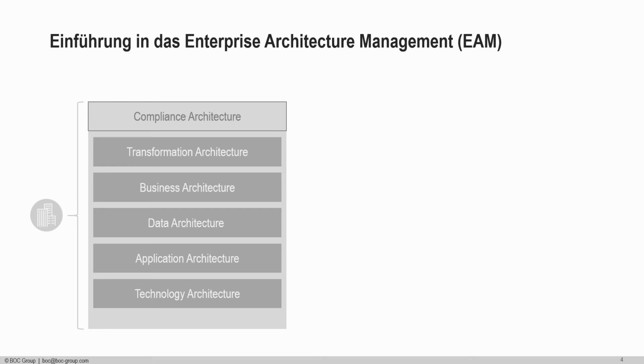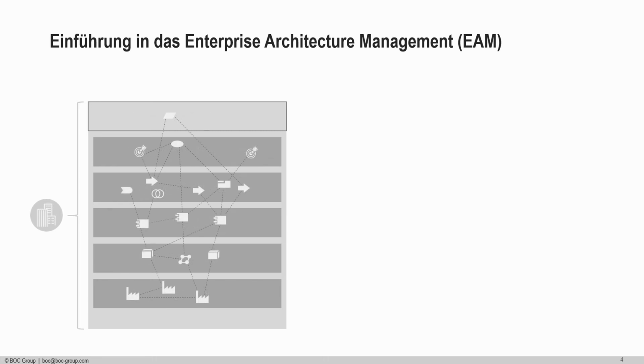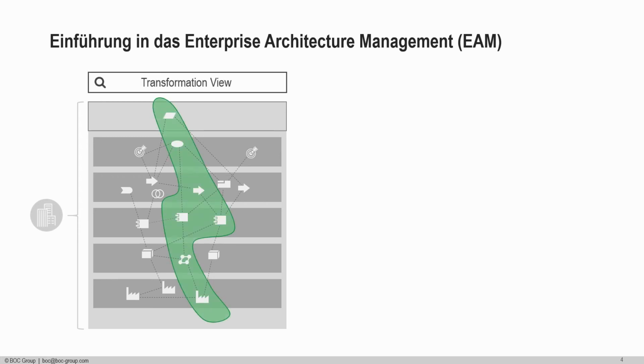So each organization consists of different architecture levels, from transformation architecture and business architecture, data and application architecture, all the way to technology architecture. And each of these levels consists of their own objects and artifacts, such as business processes, business interfaces, business skills, and so on. And of course, all of them interact with each other throughout the organization.